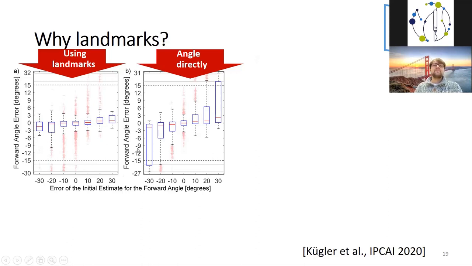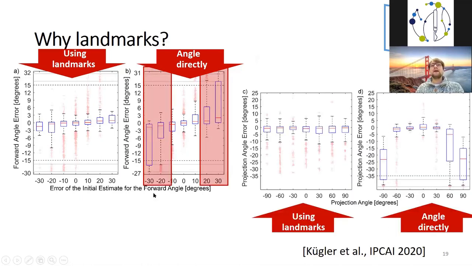So it's crucial what we use as the output of the network, and landmarks outperform, specifically because of these regions. And if we now look at the forward angle over the initial forward error, the initial error, this is the setup that we give in.